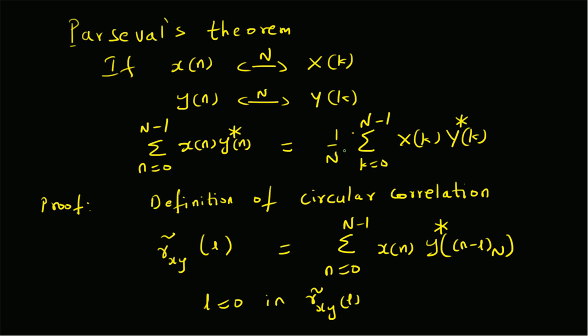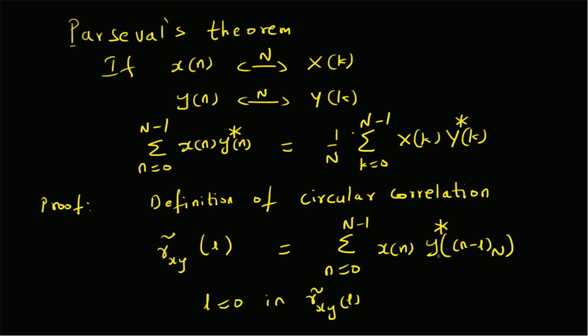Only the difference is in frequency domain we have a scaling of 1 by N, or we divide with the factor N. And this theorem is proved as follows: we start with the definition of circular correlation, which is basically the summation n equal to 0 to N minus 1 x[n] and then y[n minus L mod N] conjugate.